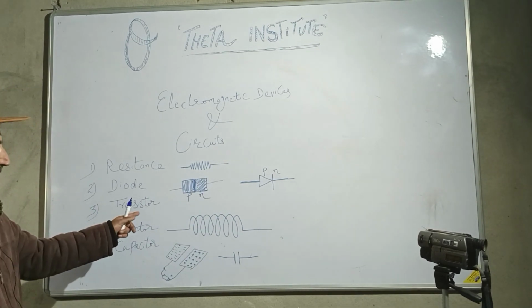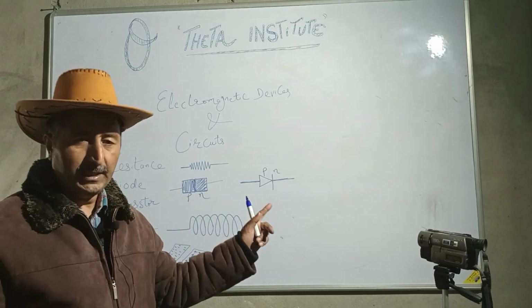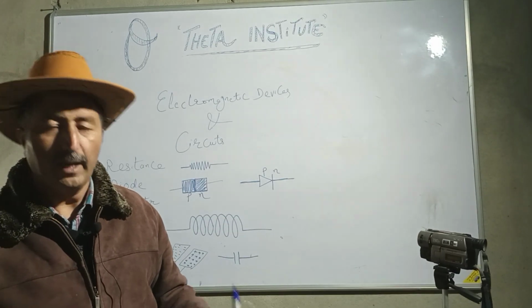For a transistor, there are three layers, PNP or NPN.